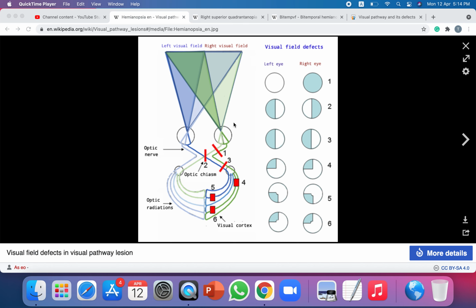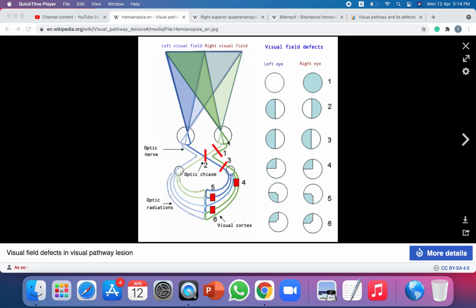that are temporal fibers and nasal fibers. The light rays which fall on the retina from the temporal fibers represent the nasal field of vision, and light rays that fall on the retina from the nasal side, the medial side, represent the temporal field of vision, because light rays fall straight.